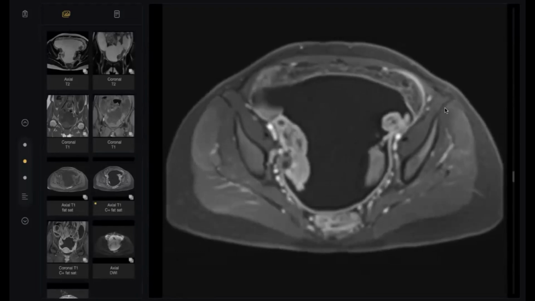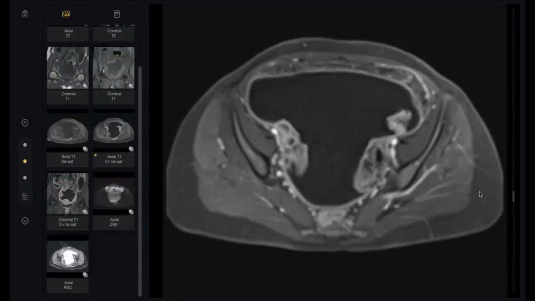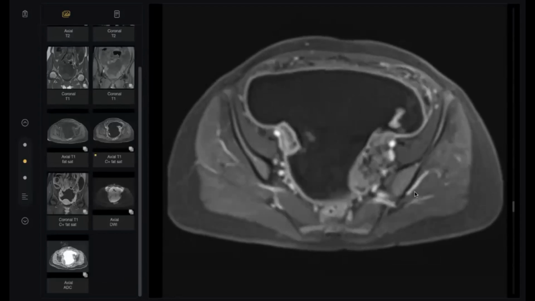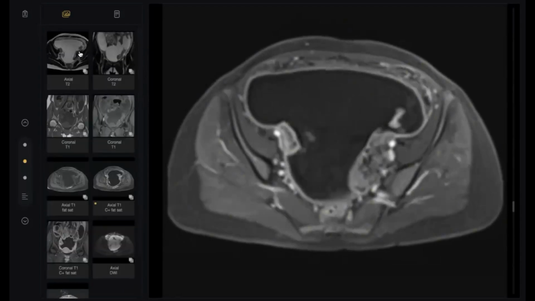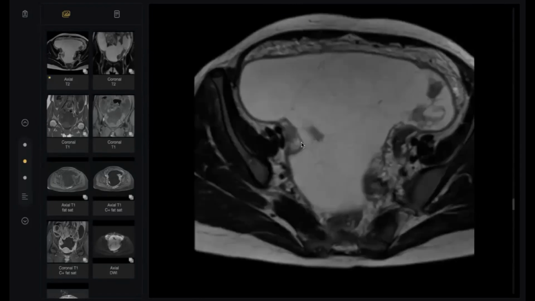Second, I would like to see other sequences to see other visceral involvement, and if it proves to be peritoneal tuberculosis, I would like to see the chest X-ray of the patient for confirmation of my findings or any concurrent abnormality. This is the T2 axial section of the same patient.